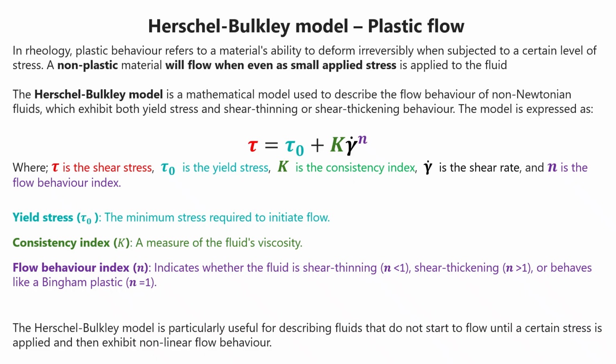It's very useful, especially with creams where you have something that sits really quite still, and if you spoon it out and it forms a nice dollop and doesn't flow out any further, that's really a sign that you have a yield stress present and that you need to take account of that.